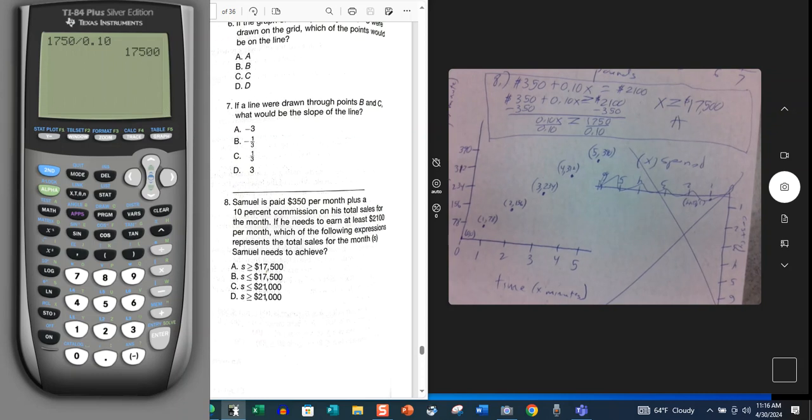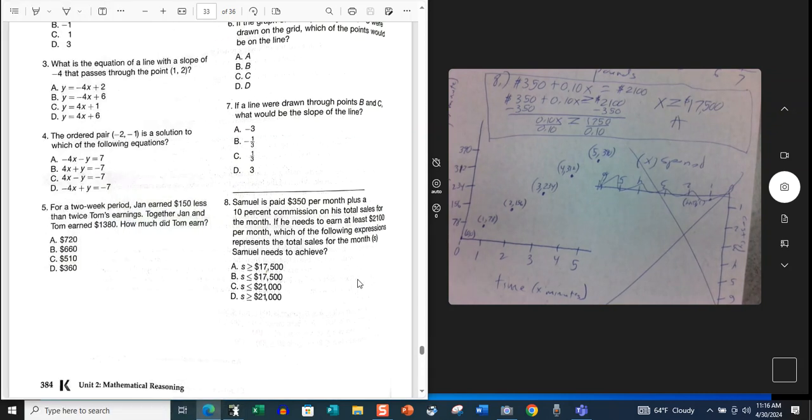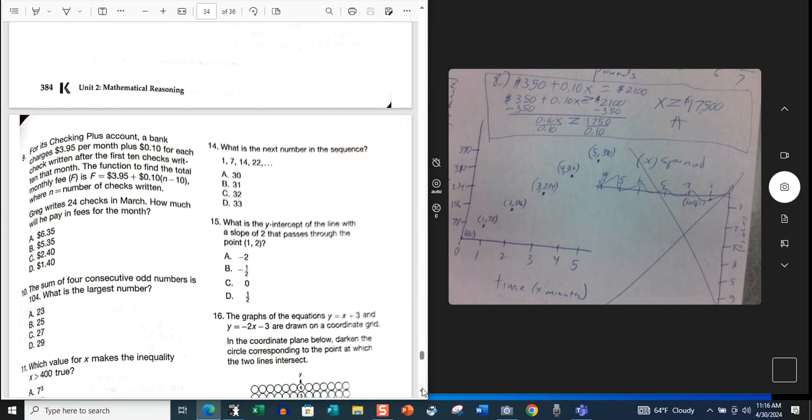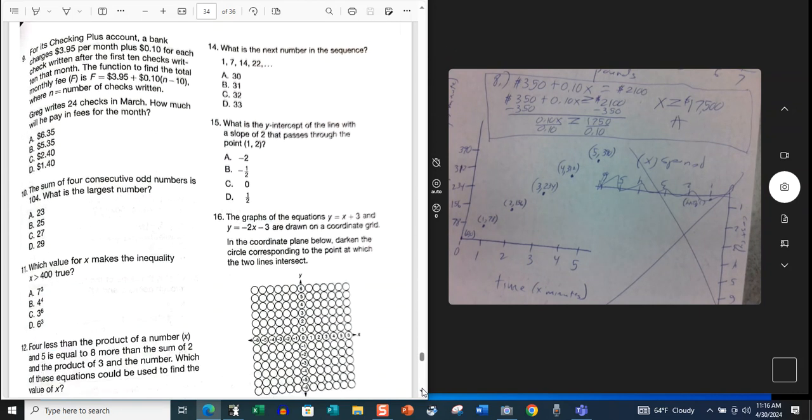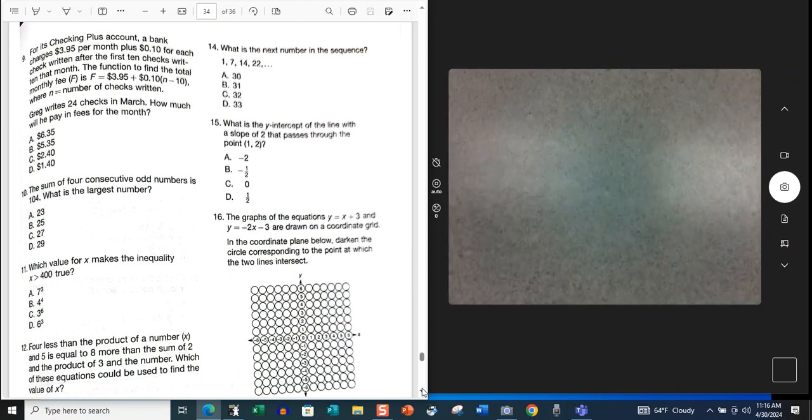All right, so now that took care of problems 1 through 8. Now we go to the next page, starting with problem number 9. Now with problem number 9, it states, for its checking plus account, a bank charges $3.95 per month plus 10 cents for each check written after the first 10 checks written that month.